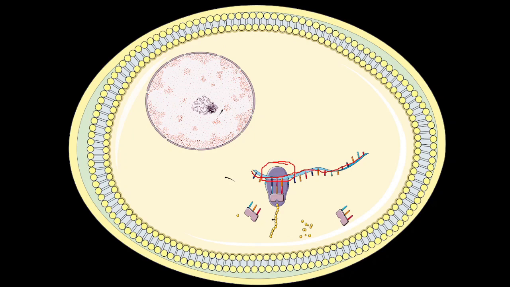So all of these are going to affect protein synthesis. These are the 30S ribosomal subunit inhibitors, and they affect protein synthesis as well as the 50S ribosomal subunit inhibitors. All of them affect protein synthesis.